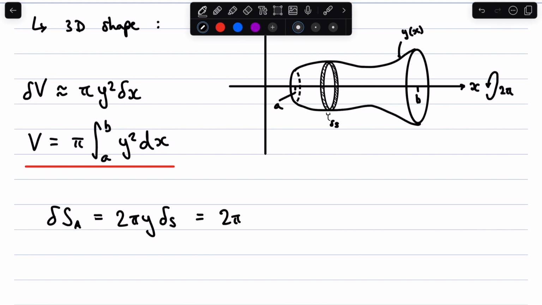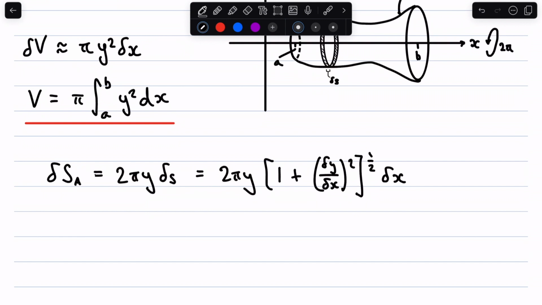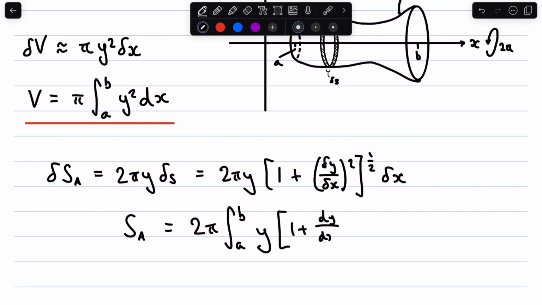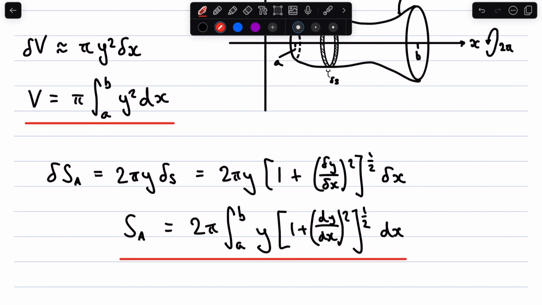We also know that delta S is equal to the square root of 1 plus delta y by delta x squared, all square rooted, times by delta x. And so when we go to integrate, we'll have our total surface area, SA, equal to 2 pi times the integral between a and b of y times by the square root of 1 plus dy by dx squared, dx. And that's our integral for working out the surface area from revolution.